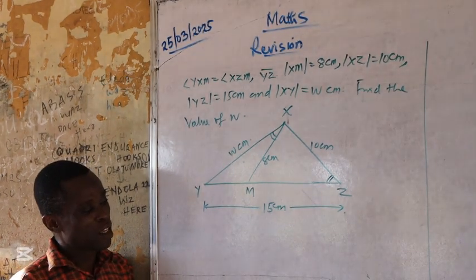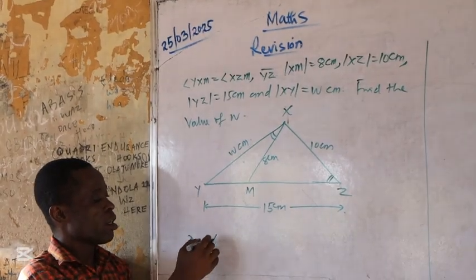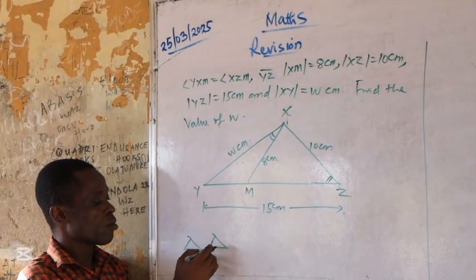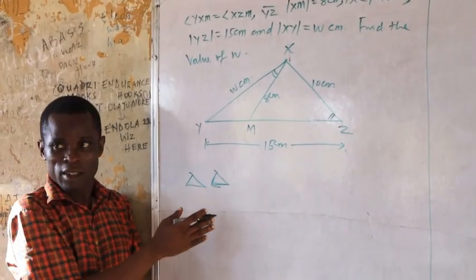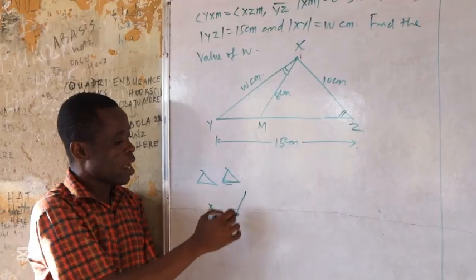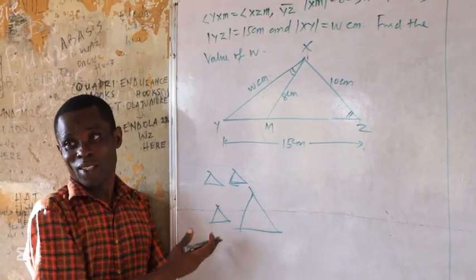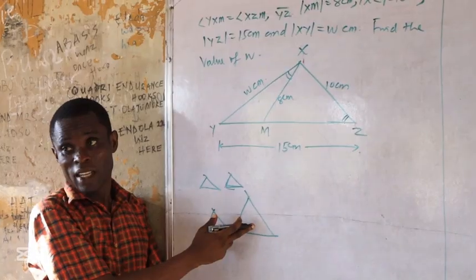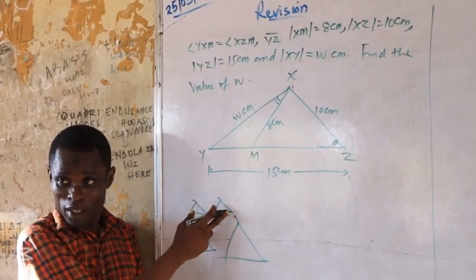If you have a congruent triangle, it is the same size, the same angle. But if it is a similar triangle, you can have something like this.